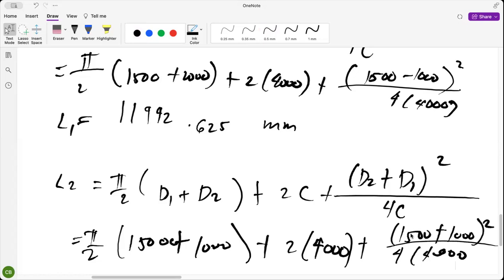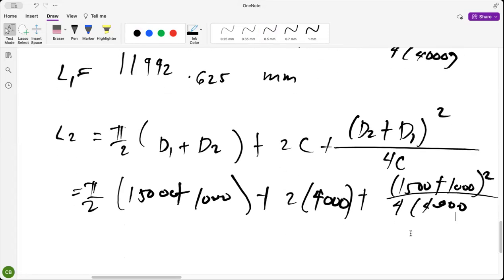Okay, so you just compute it. So you will have the length of 12,000, sorry, 12,317.625.